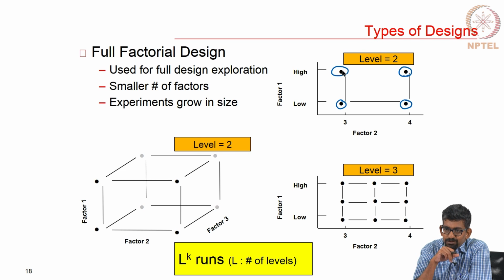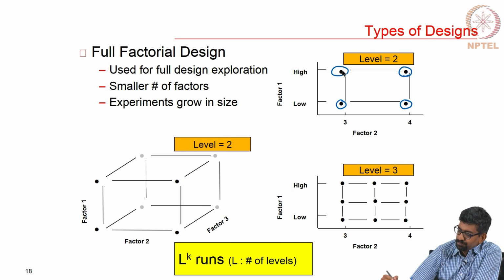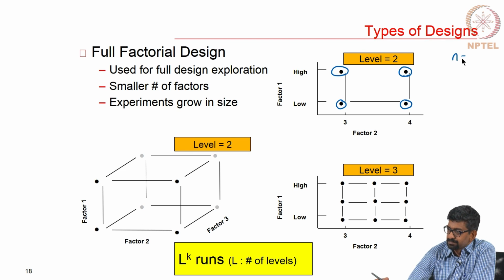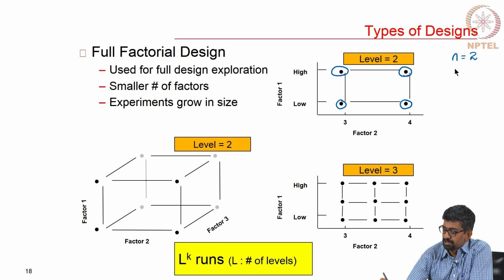There is a small catch to this. You think, oh, this is so simple, why do we need to worry about it? Let us assume in this case your n, which is your dimensions, number of variables, was 2 and your level, let us call it k, was 2 as well.